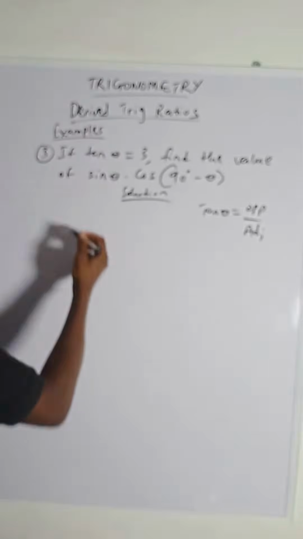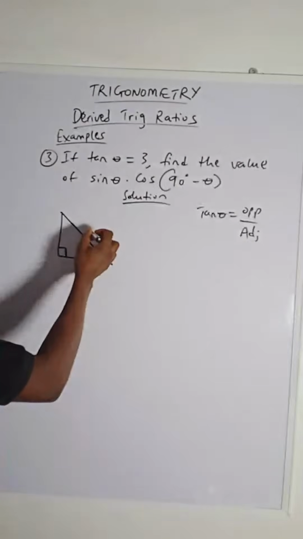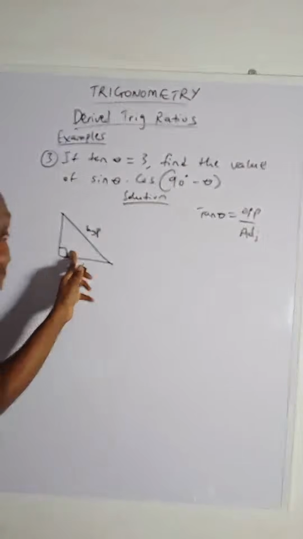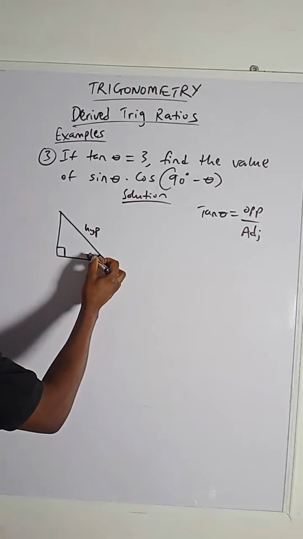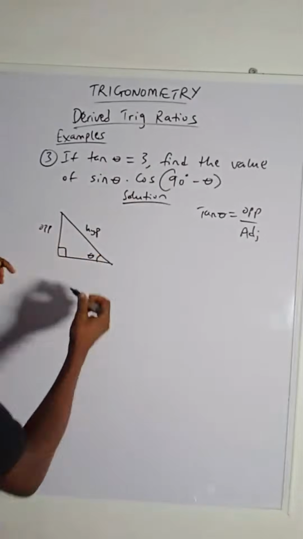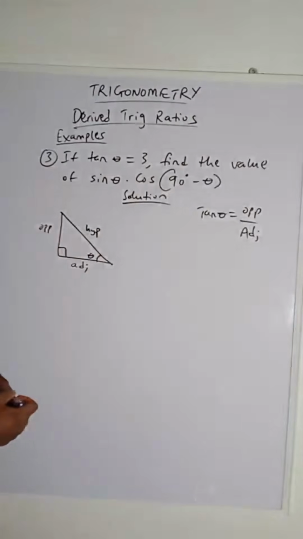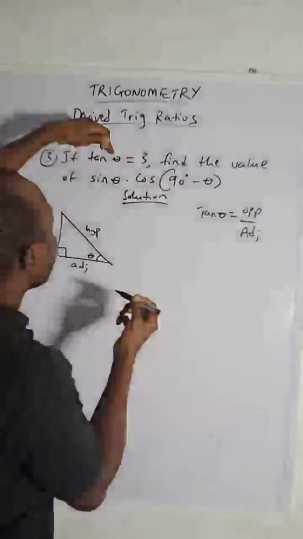So I'm going to draw a right angle triangle. This is the hypotenuse, the side facing the right angle. Let this be the angle theta, this will be the opposite, the side facing the angle, and this is the adjacent.